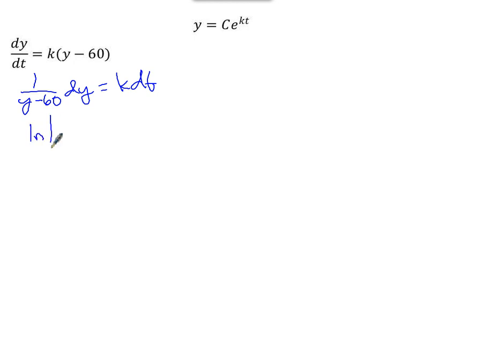The natural log of the absolute value of y minus 60 equals k t plus C. And I'm going to call that C1. You'll see why. A constant's a constant. I'm going to call this one C1 so we can see how things change as we go, if they change. All right, now what?